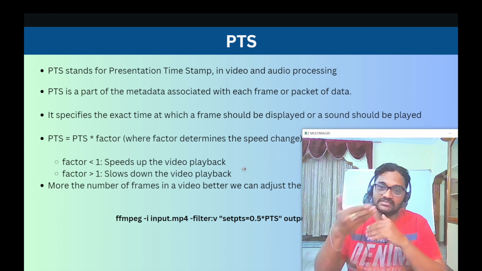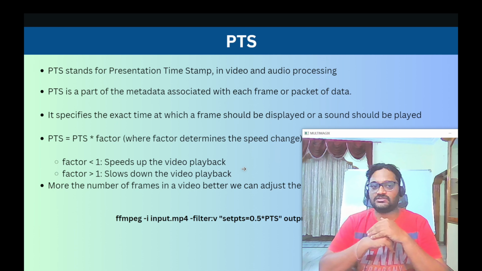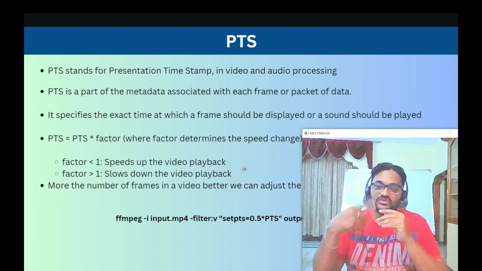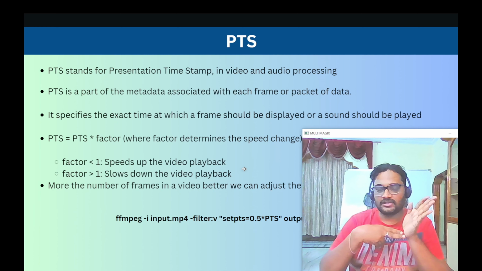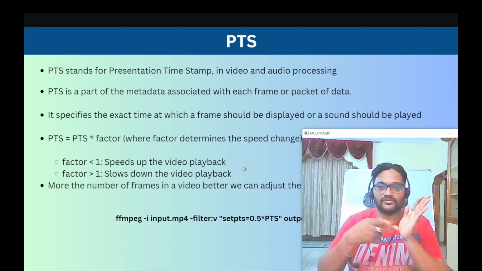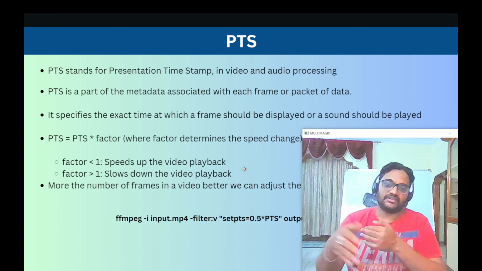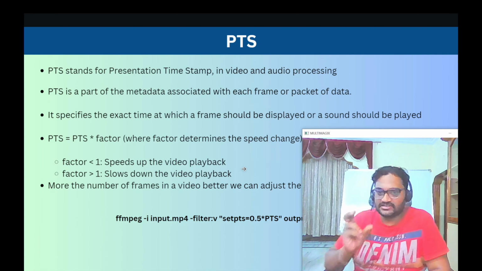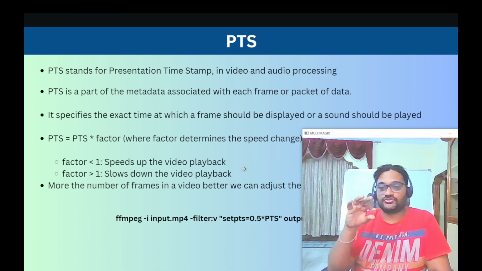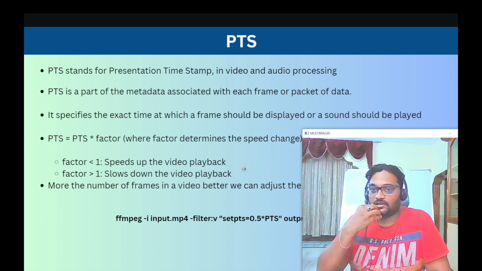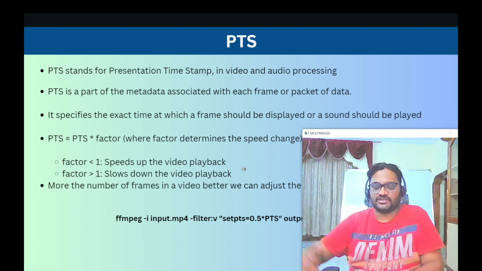If you want to fasten the video, you need to cut down the presentation timestamp, like 0.5 or 1/2, meaning the speed will double. So in less duration, more frames should be shown. The opposite is, if you want to show the frames over more time, you just scale it proportionally.